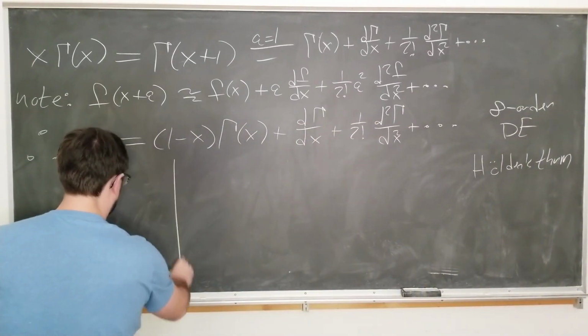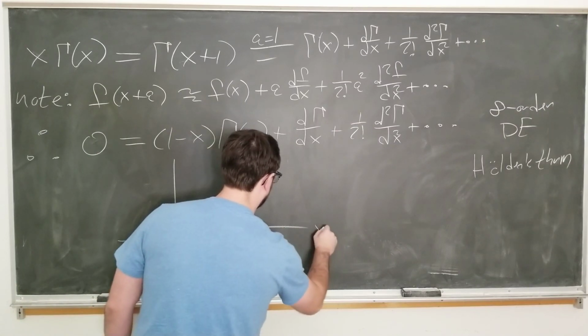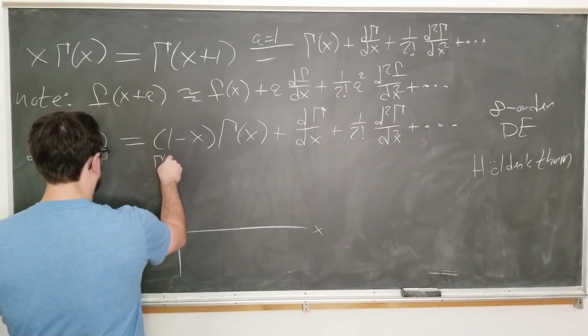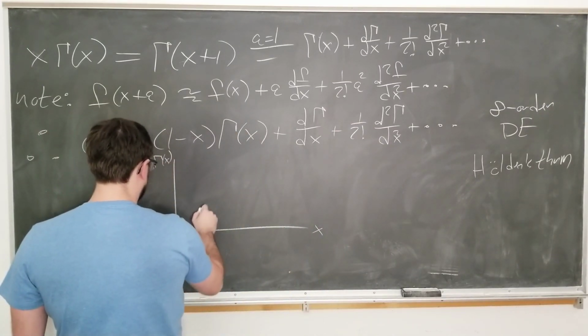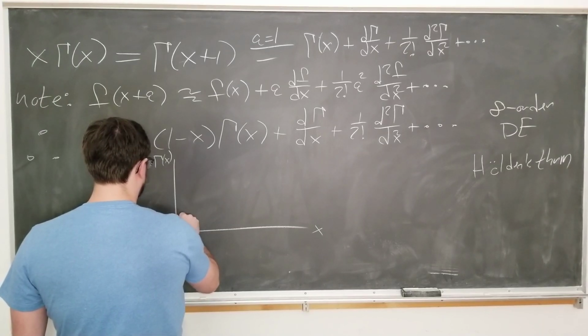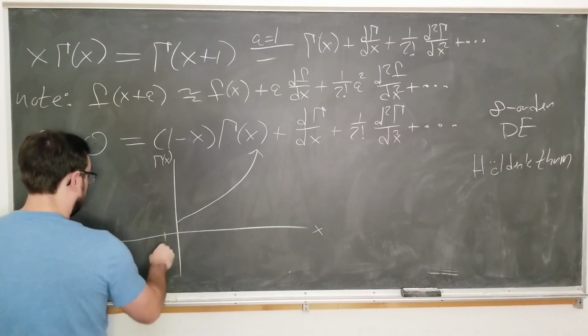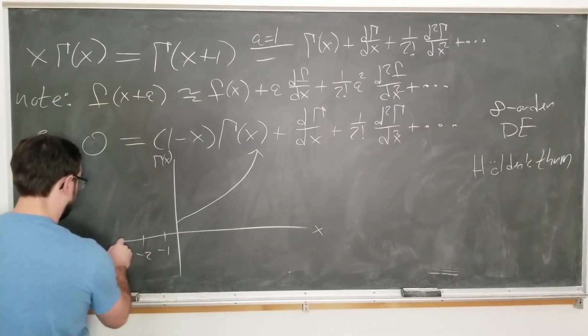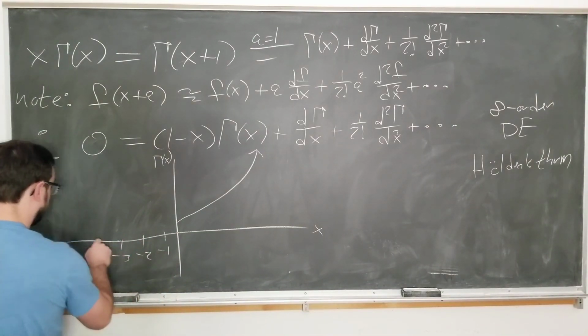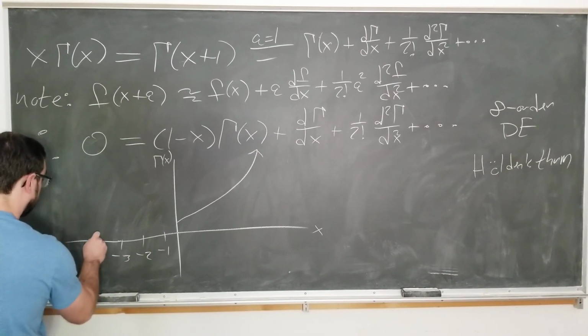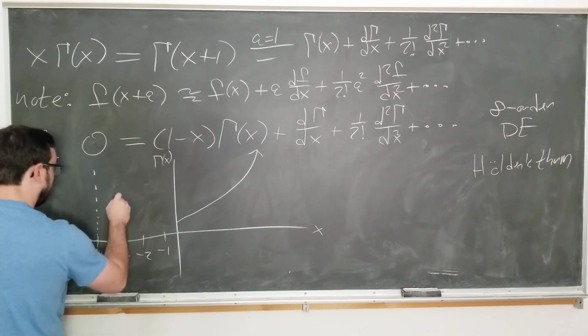So let's draw a quick graph of the gamma function. This is probably going to be wrong. I don't care. For positive values it looks pretty normal, just increasing, whatever. And at the poles, which are all the negative integers, it has nasty infinite behavior.